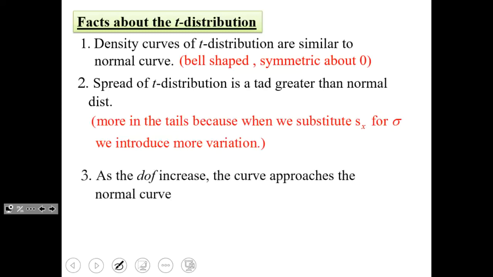Next thing, as the degrees of freedom increase, the curve approaches the normal curve. Technically, it actually becomes the normal curve as n goes to the limit of infinity, but you don't need to worry about that in this class. The main thing is our standard deviation from a sample estimates the standard deviation of the population more accurately the larger n becomes. When you think about this, it makes sense.